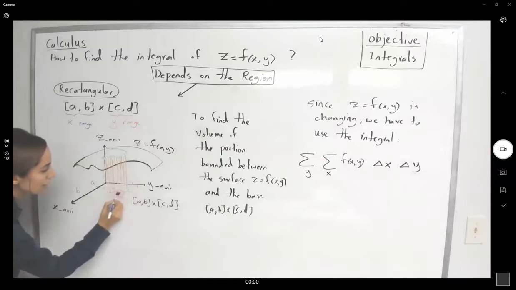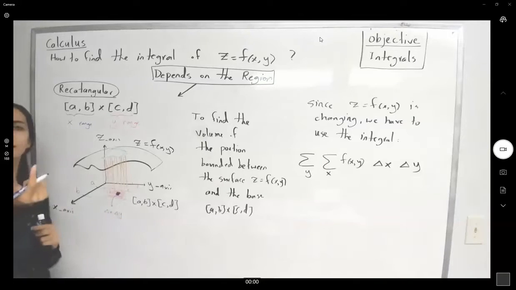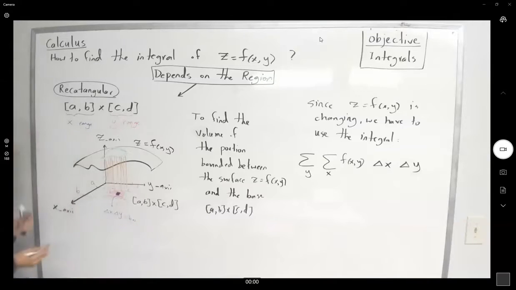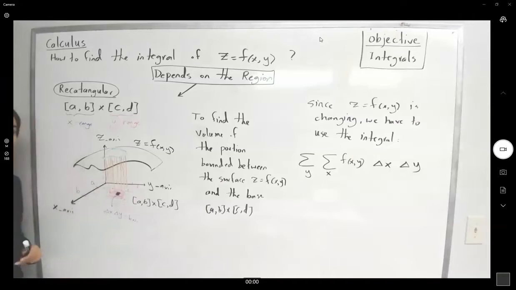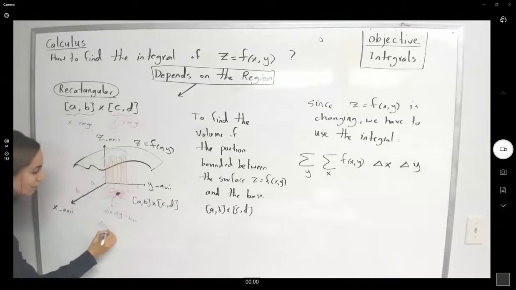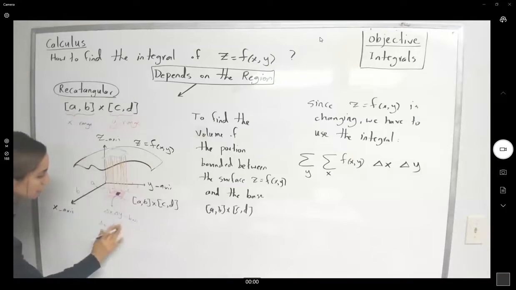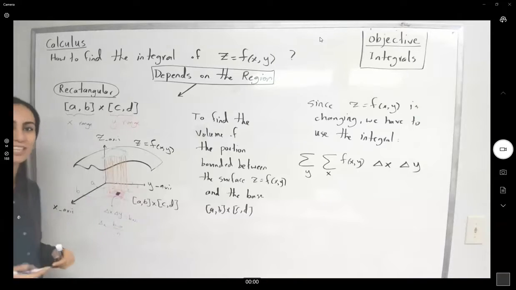So this is delta x times delta y. These base values are getting very small. You are just taking the limit as these values are getting smaller and smaller. Remember the definition of delta x? It was b minus a divided by n. These are getting smaller and smaller as n approaches infinity.